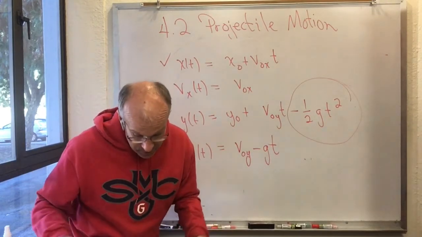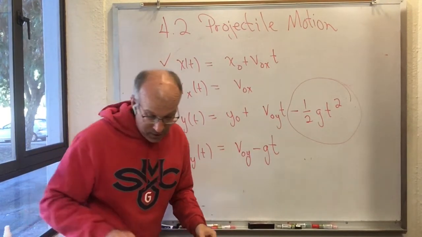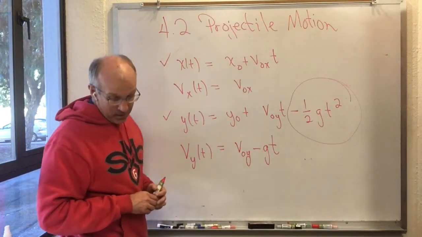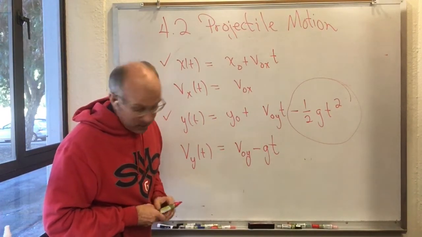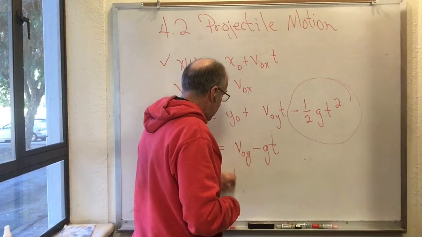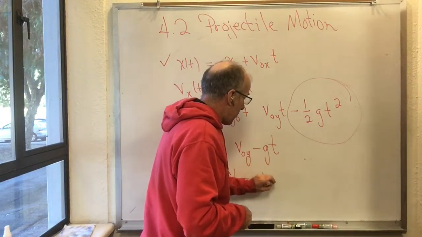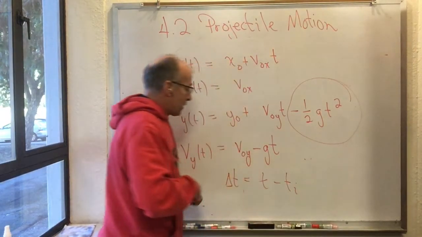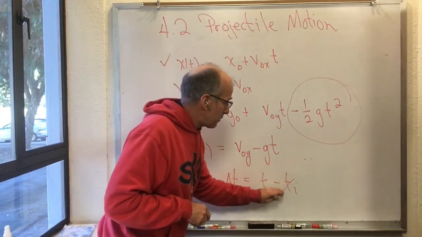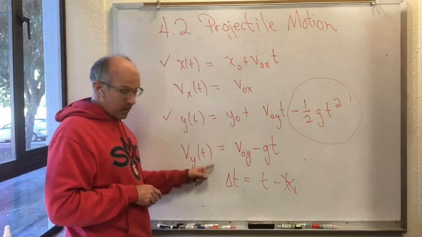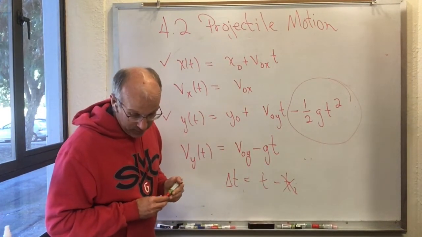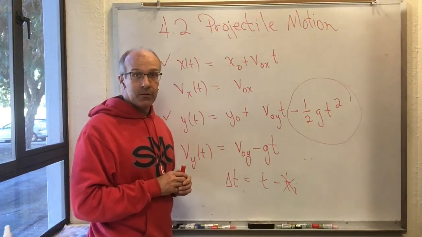He just called it t initial, and then all his formulas are written, instead of having t's, with delta t, where delta t is equal to the current time minus the initial time. If you put initial time equal to 0 in his formulas, you'll get my formulas. Okay, that's 4.2.